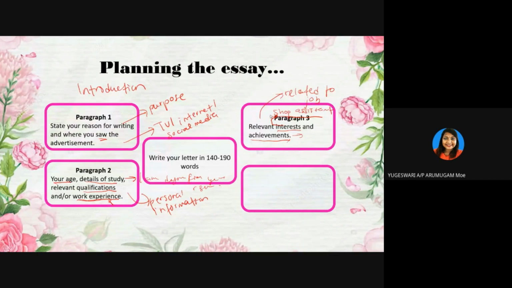All right, next is paragraph 4, the last paragraph. You can say why you are suitable for the job and that you are able to work over the weekend. Every time they'll ask you this question: why do you think you are the most suitable person to be chosen? So it means you have to defend yourself.